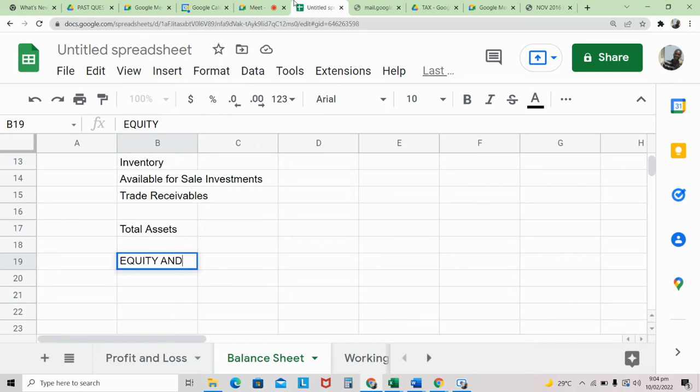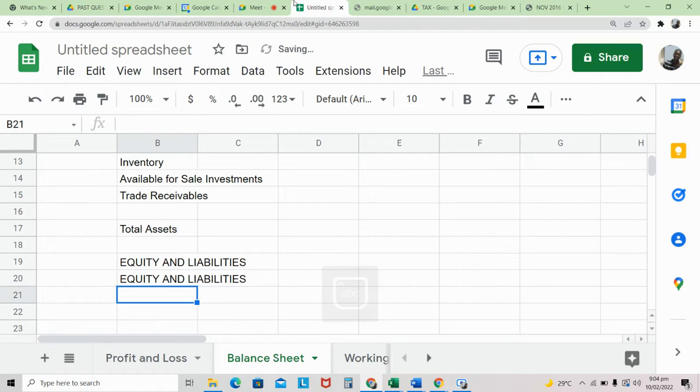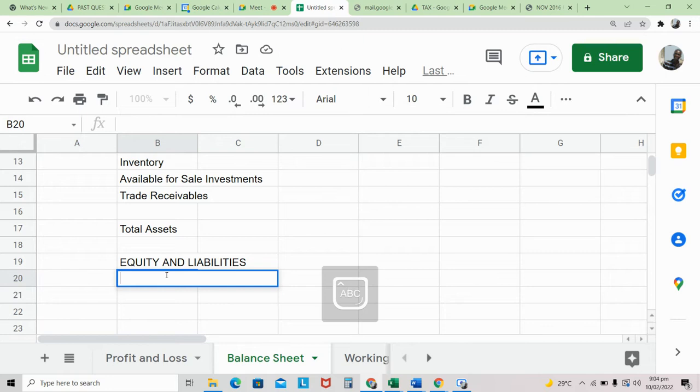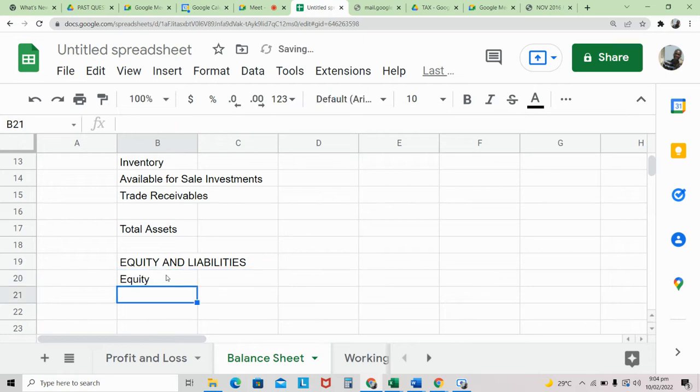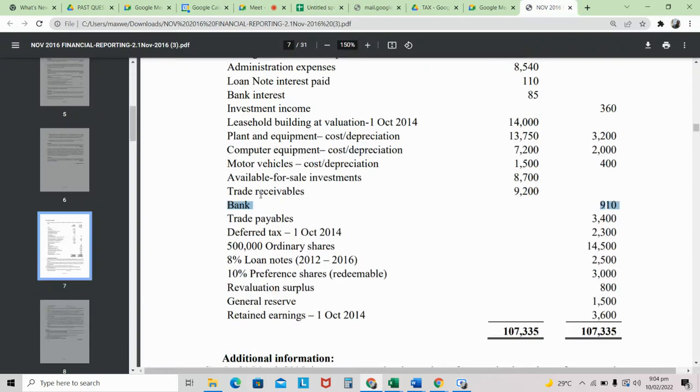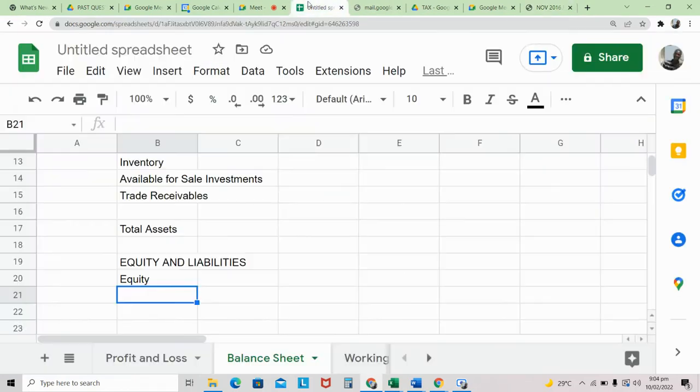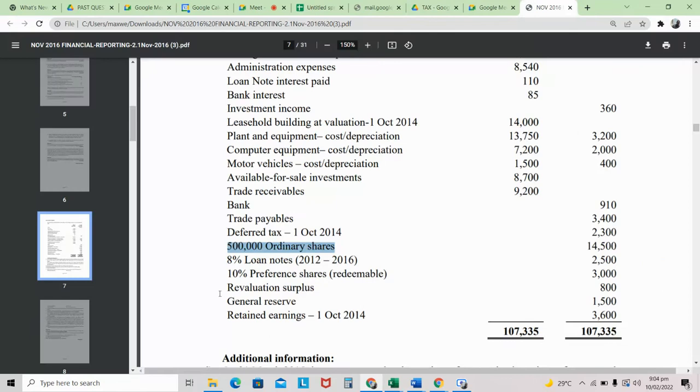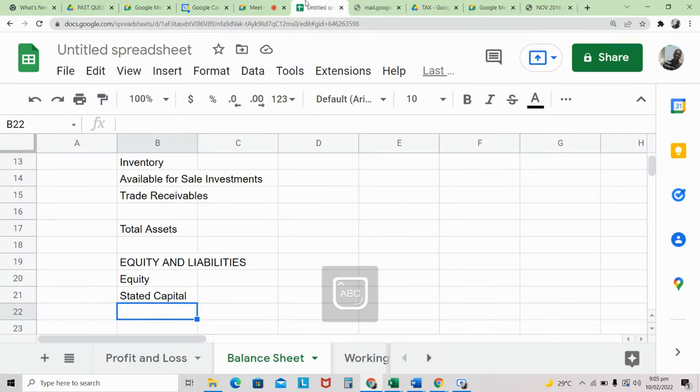Now let's go to equity and liabilities. Let's start with equity. What are the equity items? We have ordinary shares, stated capital. What else do we have? Retained earnings. Retained earnings is also equity.